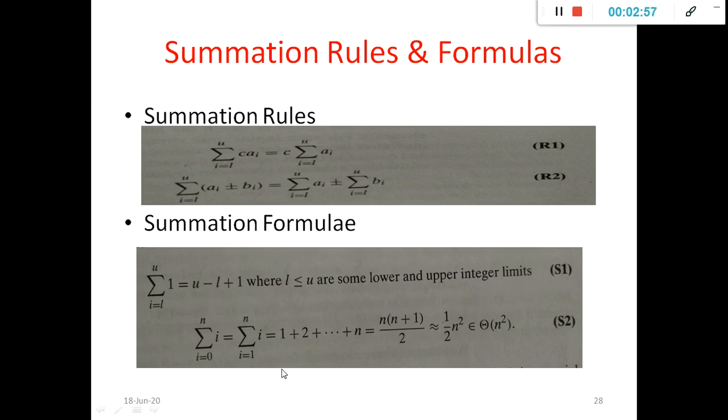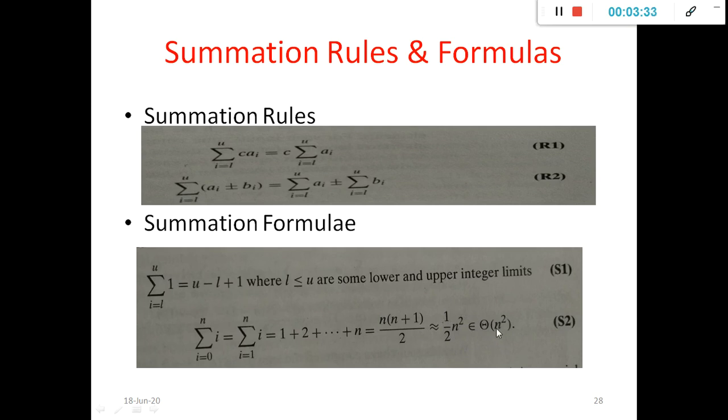Similarly, another summation formula is the summation from i equal to 0 to n of i, which is the same as the sum of i equal to 1 to n of i. The summation from 1 to n is represented as 1 plus 2 plus up to n, equal to n into n plus 1 divided by 2, equal to 1 by 2 n square, and that belongs to big theta of n square.